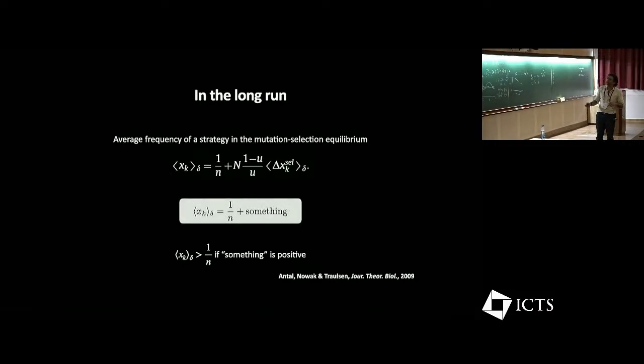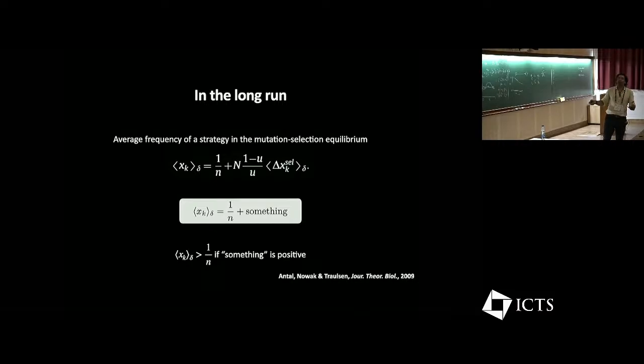So here what we have done is look at the long-term abundance. So x_k delta, how do I read that? The way I would read that is it is the average frequency of a strategy in the mutation-selection equilibrium. So what the strategy frequency looks like in the long run when it has been subject to mutation and selection. But we will make some approximations on the way, because the idea is if you have a lot of mutations, as I just said, it will be equally represented just like any other strategy, right?